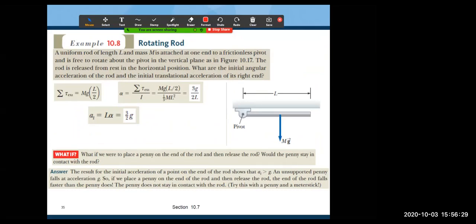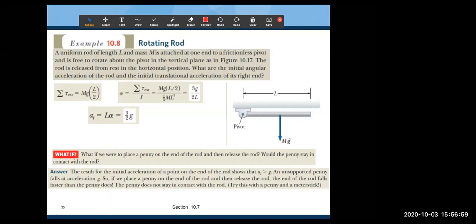Now let's take a look at another example and see the effect of the torque. The rod here is hinged at the end, so you have a pivot, and it is now undergoing free fall. Well, not really a free fall, because if you have a free fall, it is free from the influence of anything.